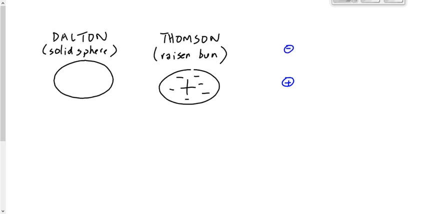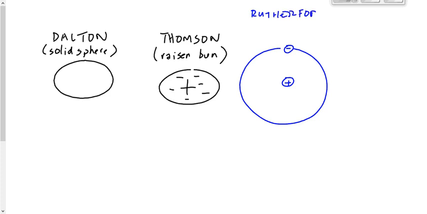Those electrons, Rutherford said, just orbit around that small, dense positive nucleus. We call this the planetary model of the atom because it reminds us a lot of the solar system where the planets orbit around the sun. Well, in this case, the electrons orbit around this small, dense, positive nucleus.